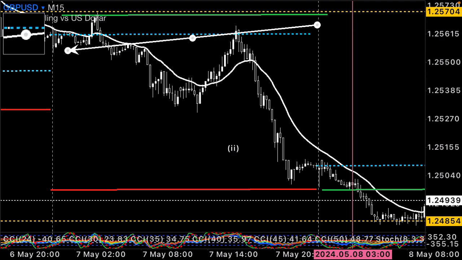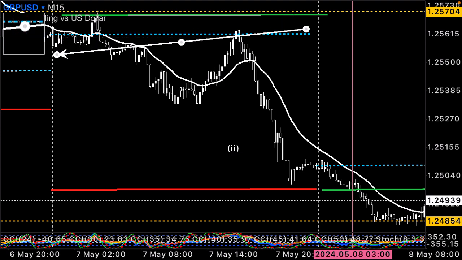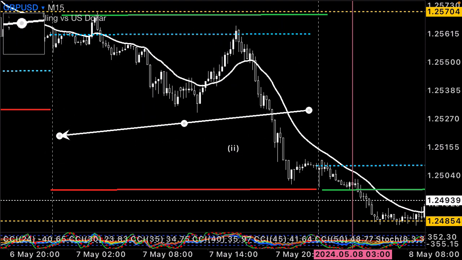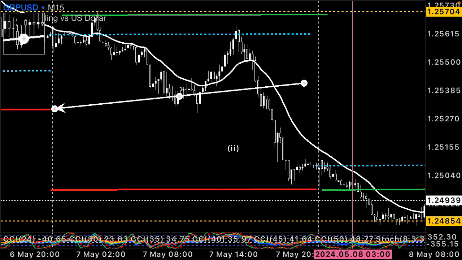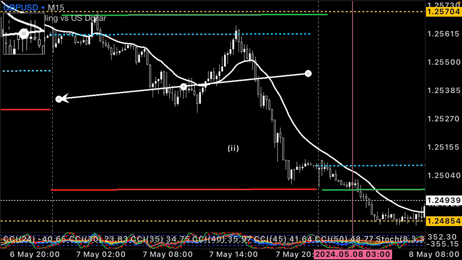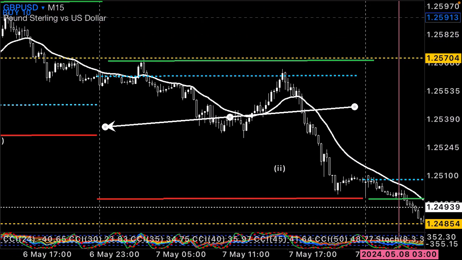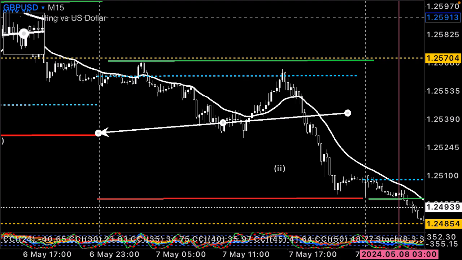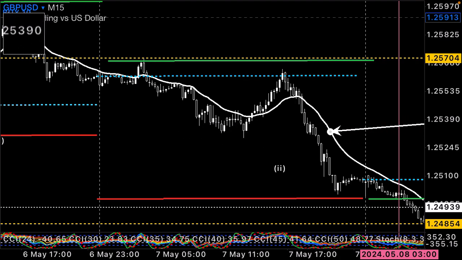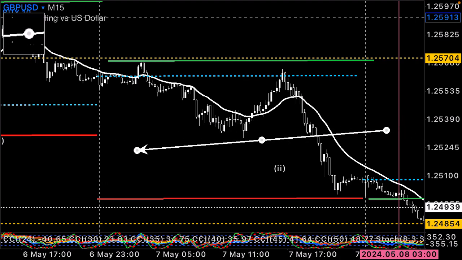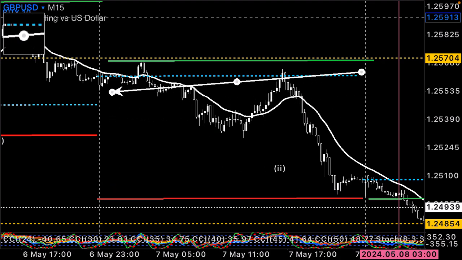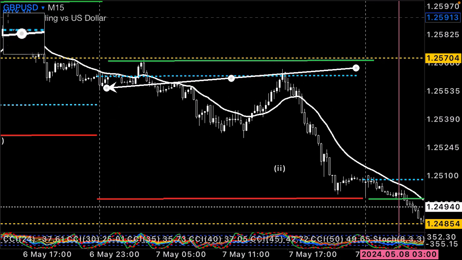Yeah. So here it opened up. This line right here, the thin white dotted line, is the New York session close. So it goes from New York session close over there to New York session close over here on the other side. So it came down a little bit.